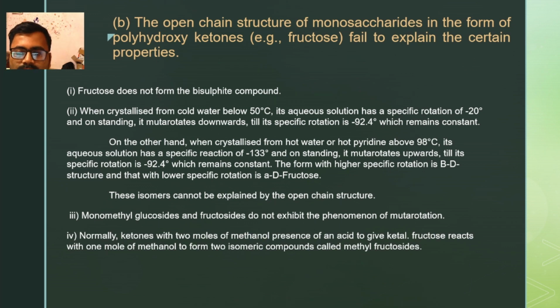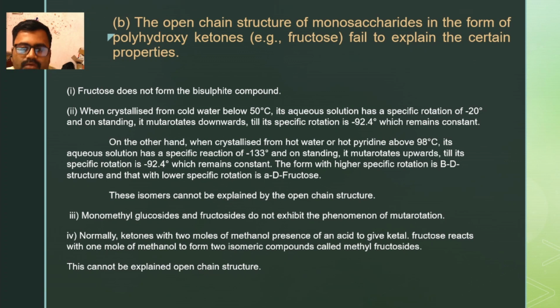Normally ketones, when reacting with methanol in presence of acid, give ketal, and the ratio of ketone to methanol is 1:2. But when fructose reacts with methanol, the ratio of fructose to methanol is 1:1. And in this reaction there is formation of two isomeric compounds called methyl fructosides.